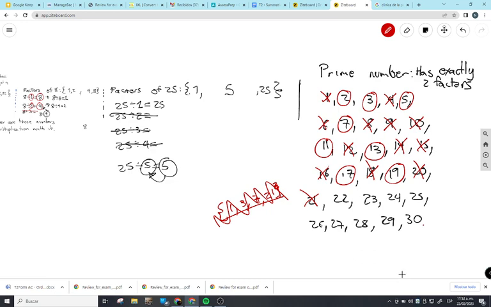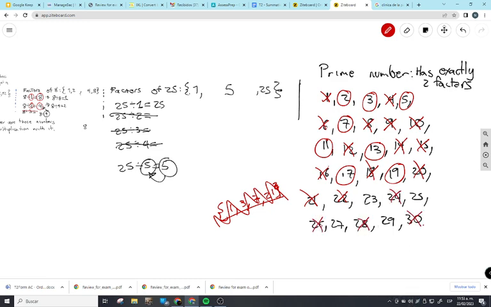Okay? Question: what do you think? Can any other number that is even apart from 2 be a prime number? Think about it. Okay? The answer is no. So all of the other even numbers are not prime numbers.